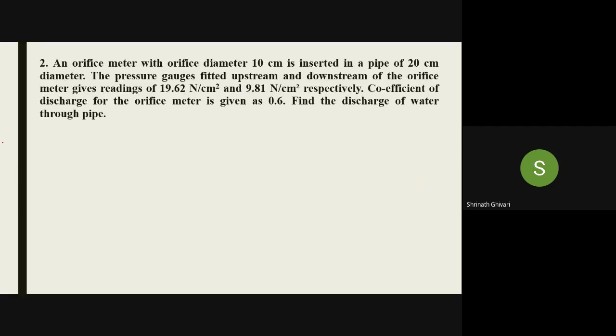The question is that an orifice meter with orifice diameter of 10 centimeter is inserted in a pipe of 20 centimeter diameter. So orifice diameter is 10 centimeter. Diameter of pipe is 20 centimeter.